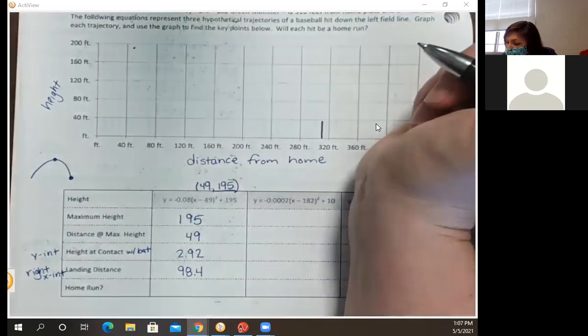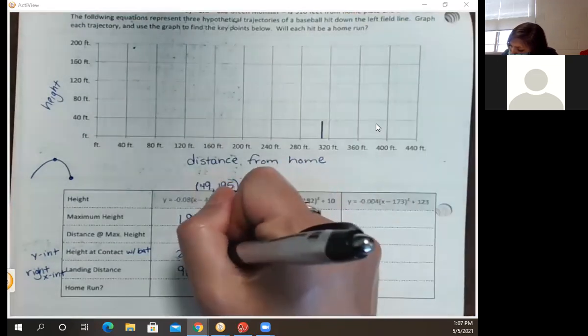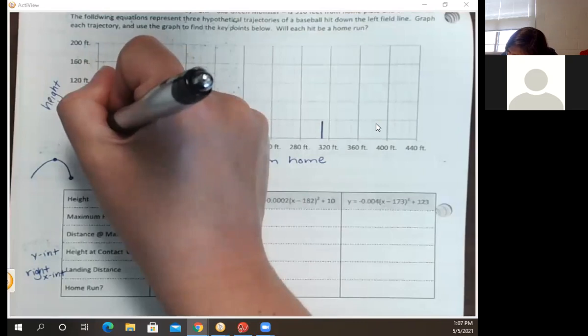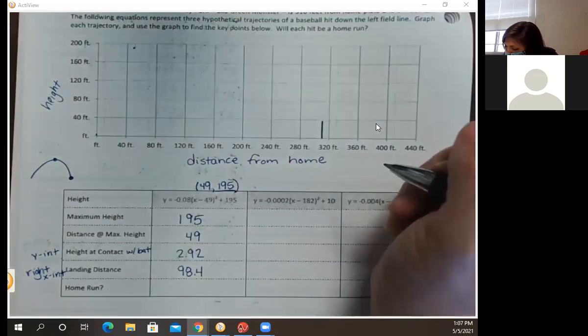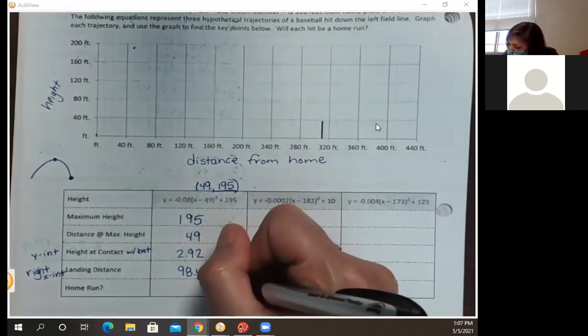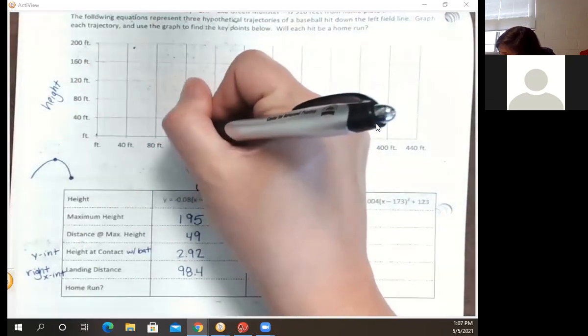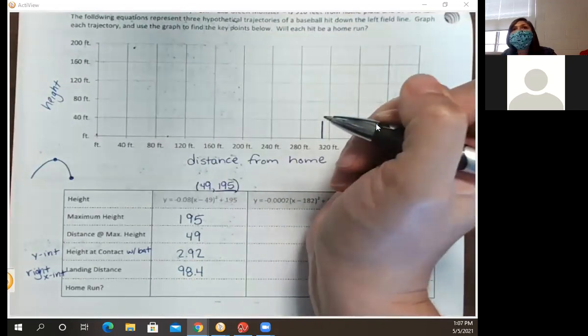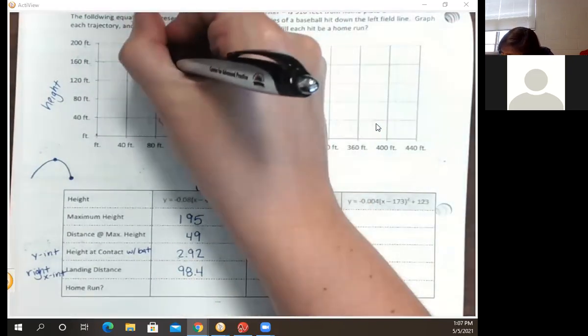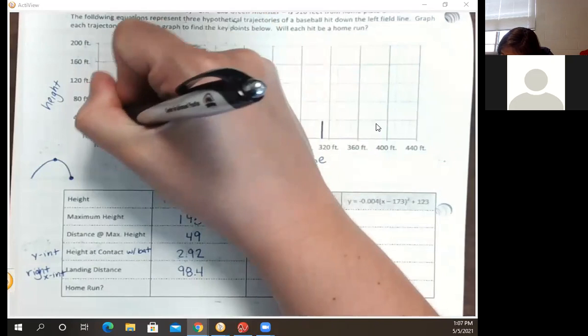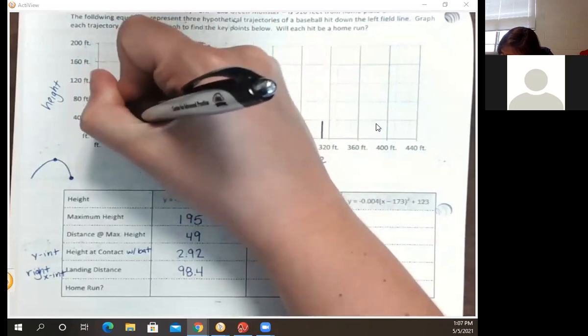So there would be my vertex. I know my y-intercept is right about 3, so it's going to be pretty low. And then I land at 98 feet. So there's 80, 90, 100, so right about there. So those are a couple of points that sort of describe my trajectory here.